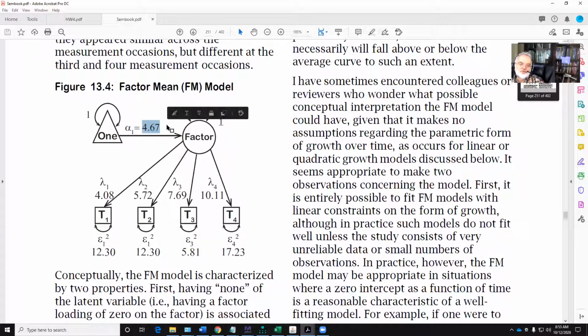So 4.67 times 4.08 is my predicted mean for time 1. 4.67 times 5.72 is my predicted mean for time 2. So these loadings here are doing, as it were, double duty. They are expressing variation, variance, and covariance that varies over the course of time. And these four numbers down here are also telling me how the mean level is changing.